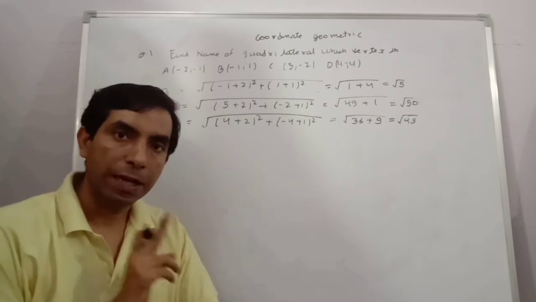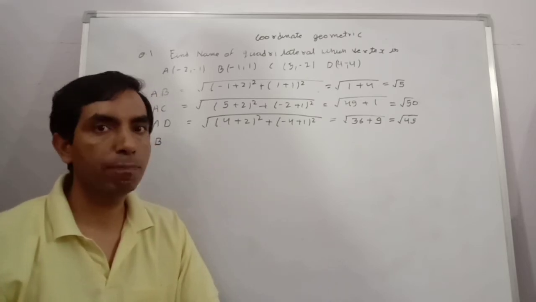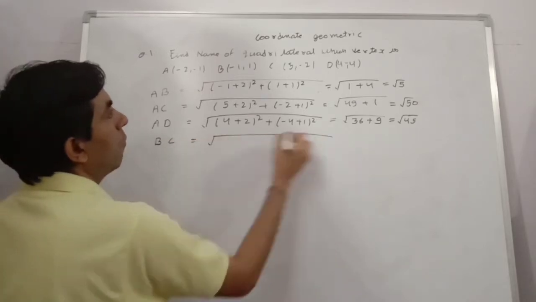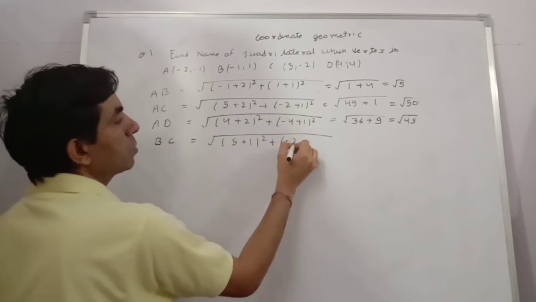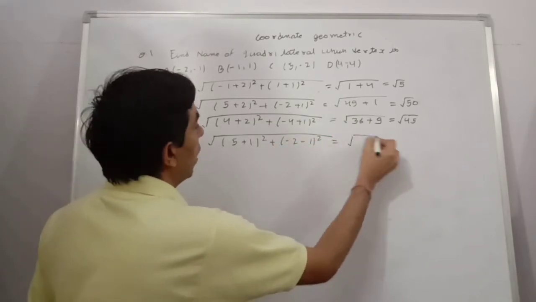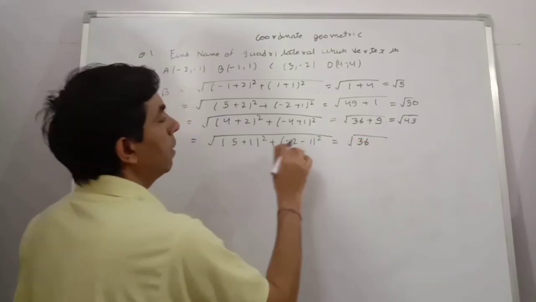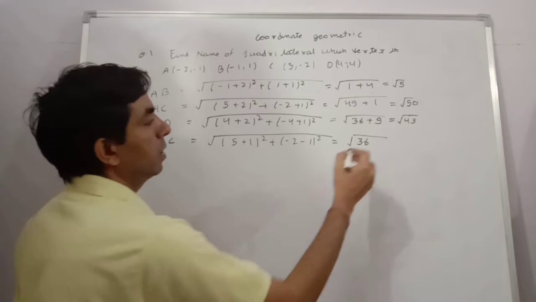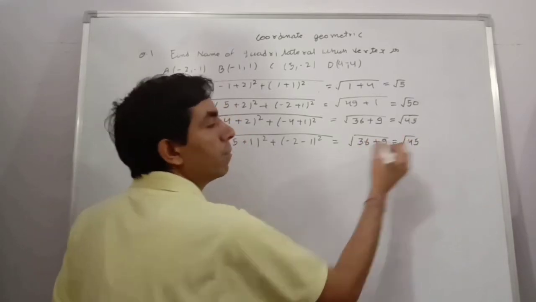Next, I take point B and find the distance to all other points, not A, because I have already solved that one. So I take BC. BC equals root of (5 plus 1) whole square plus (minus 2 minus 1) whole square. Then 5 plus 1 is 6, 6 square is 36, and minus 2 minus 1 is minus 3, square is 9. 36 plus 9 is equal to root 45.